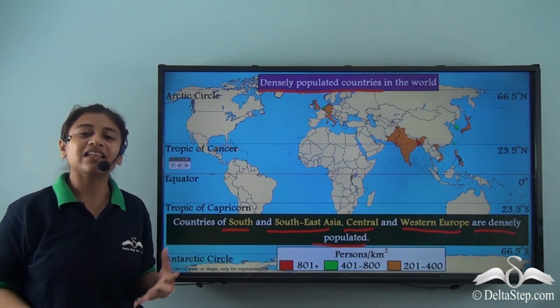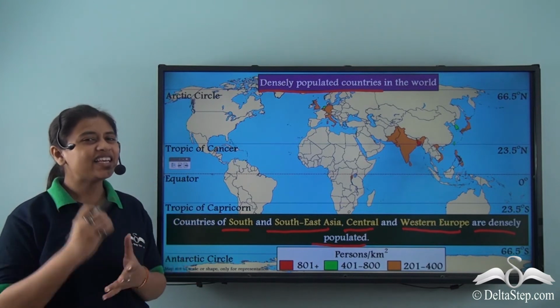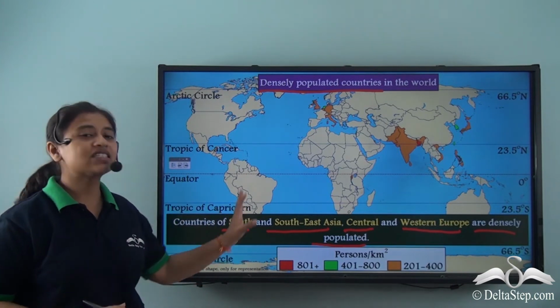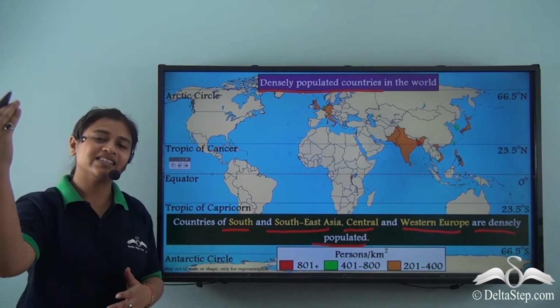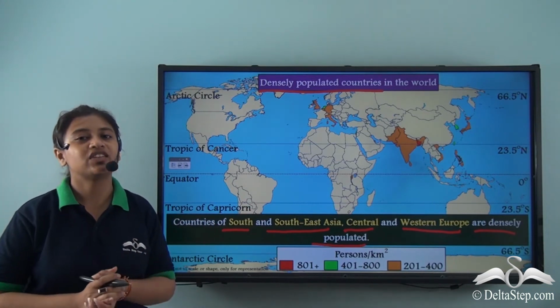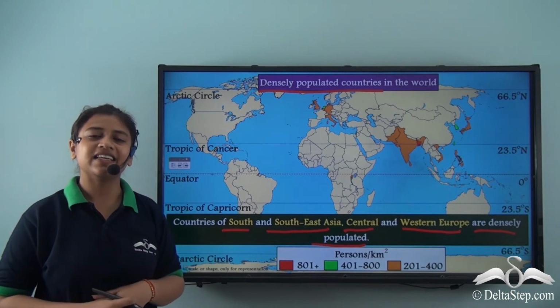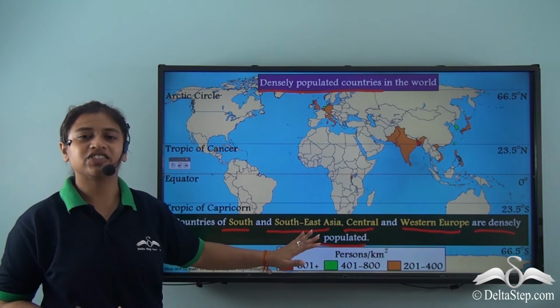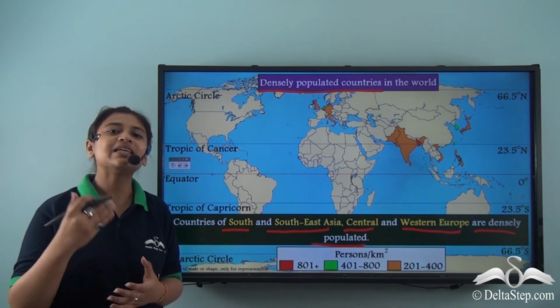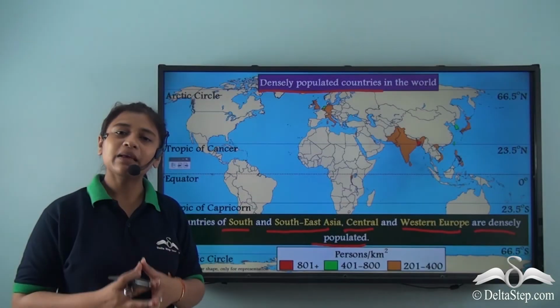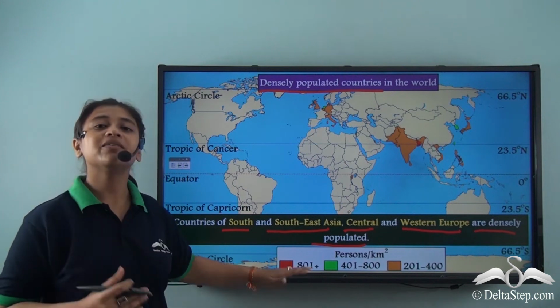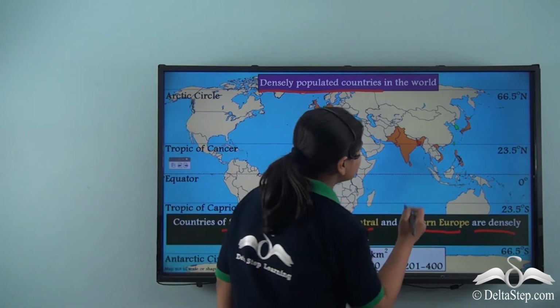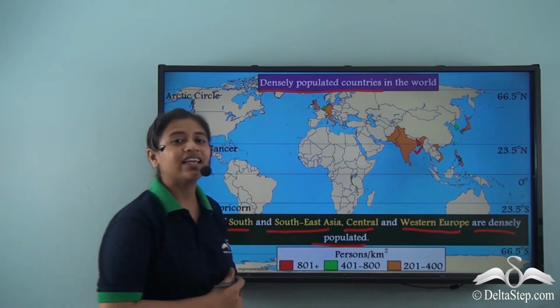That only means that the number of people living in each unit area of these countries is the highest as compared to any other country in the world. So from this map we can see that Bangladesh, which is a South Asian country, is one of the most densely populated countries of the world, which only means that there are more than 800 people living in each unit area of land in Bangladesh.